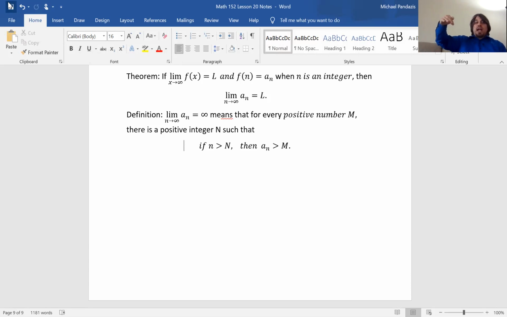So no matter how large of a capital M you choose, no matter how high of a height you choose, the limit of the sequence being infinity means eventually all the terms of your sequence will be higher than that, right?